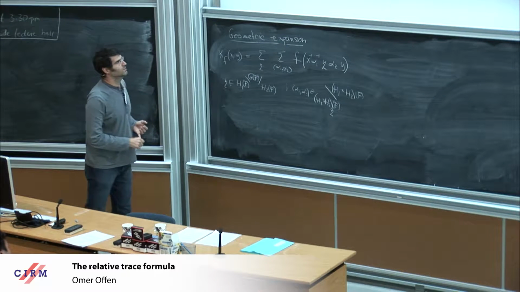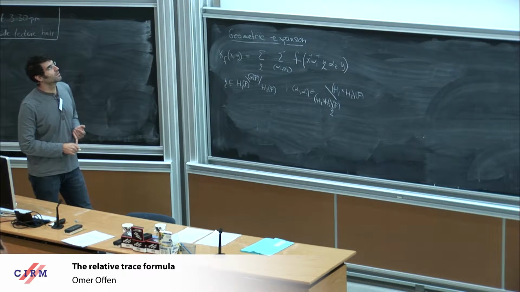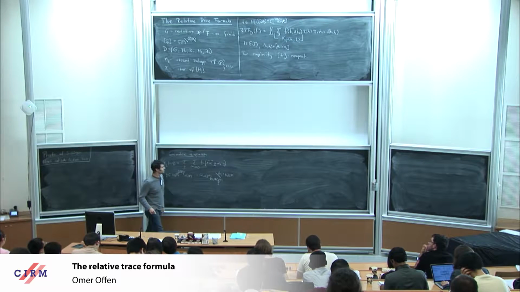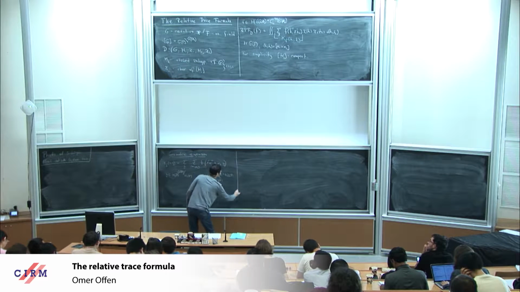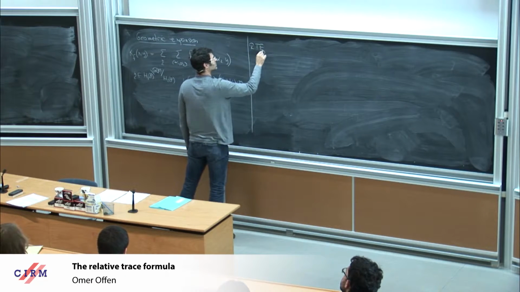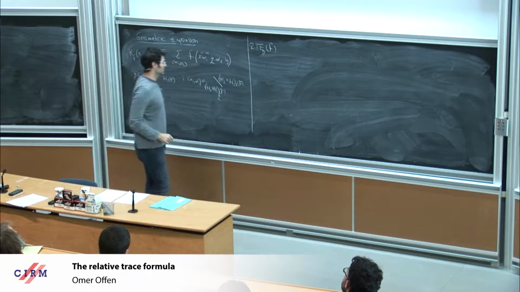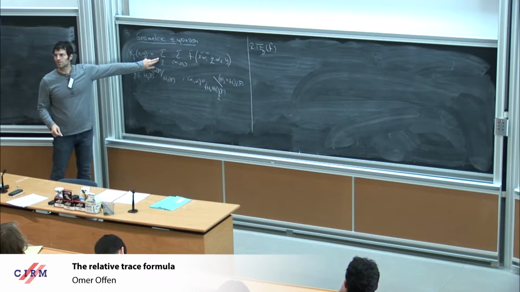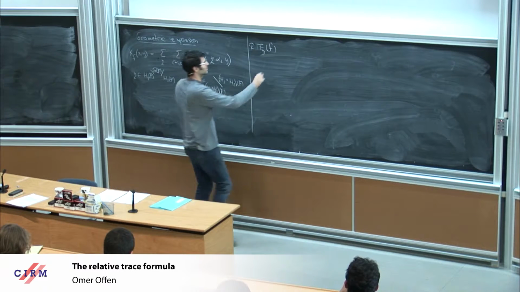So accordingly, you can write down the contribution of each one of these pieces. So just formally, one can write down the relative trace formula, where I can take out the sum over double cosets, right?